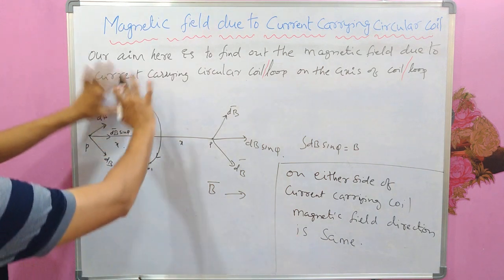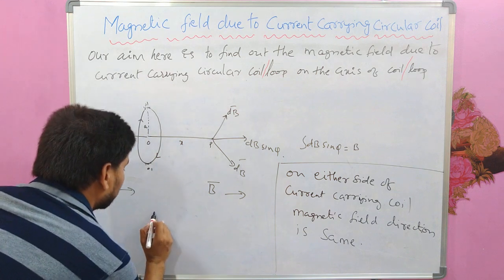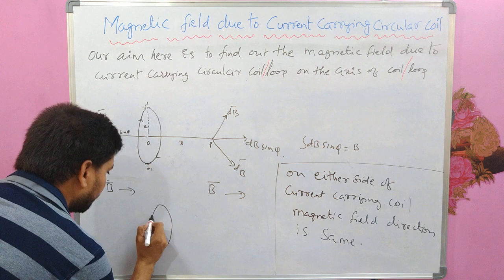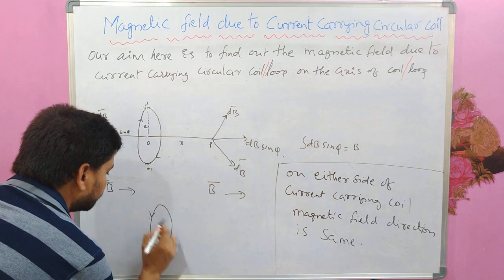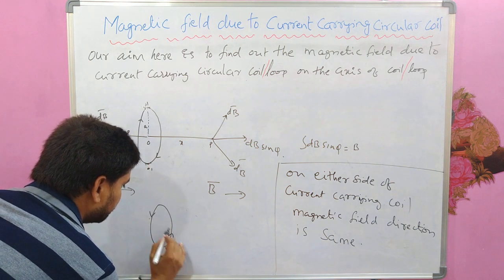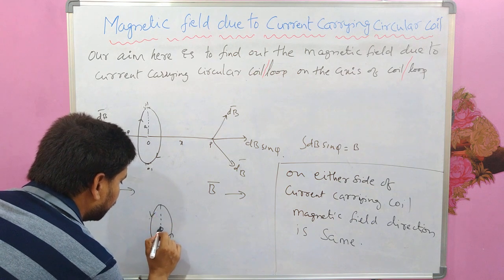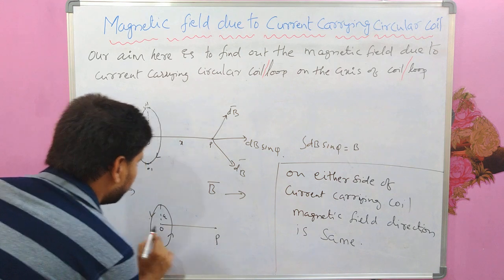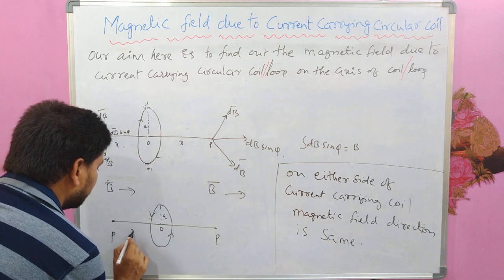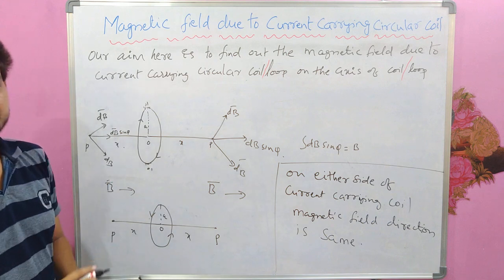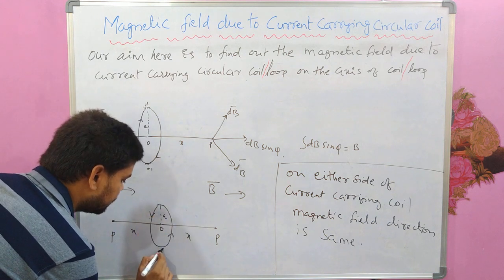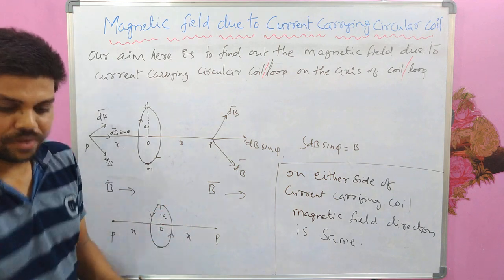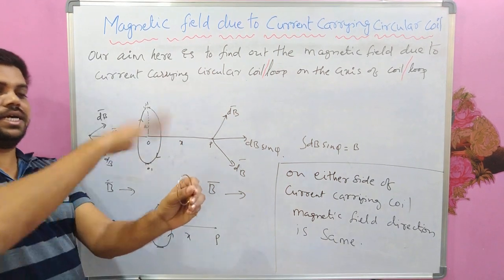This we can also see for another current direction. For example, I am reversing the current direction like this, anti-clockwise. If I look from this side, this is O and this is A, and this is P at a distance of x. Now if you take this dl and this dl, now the current I have taken in this direction, anti-clockwise.